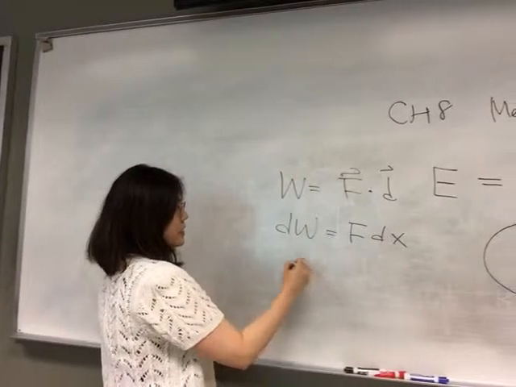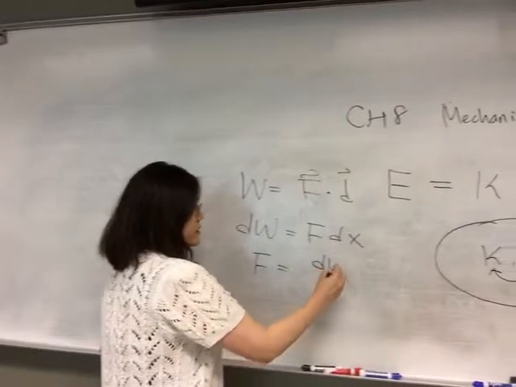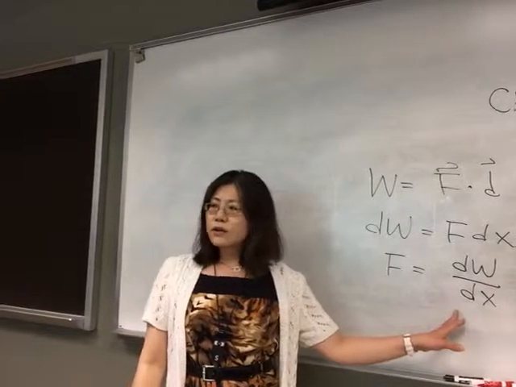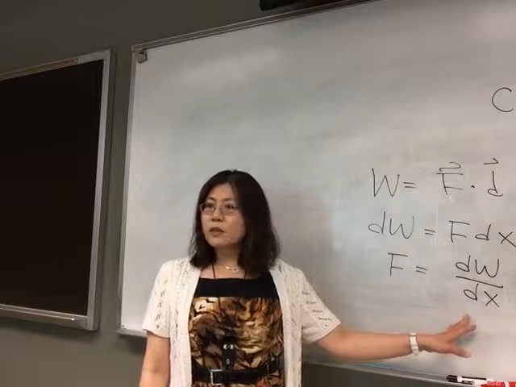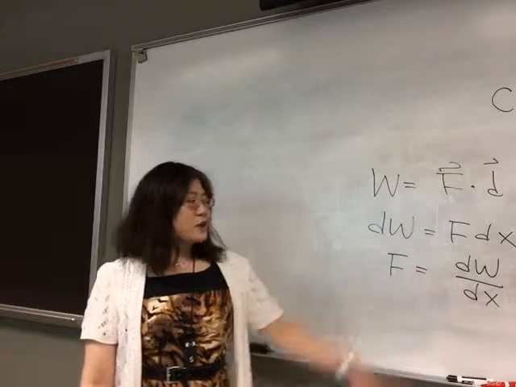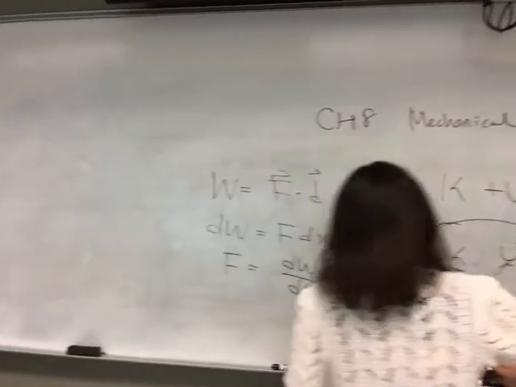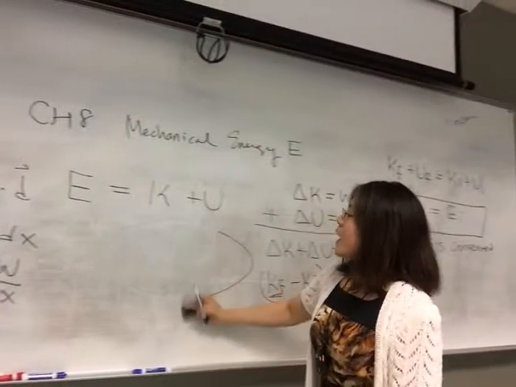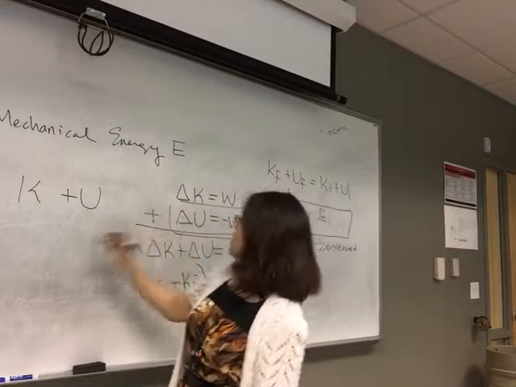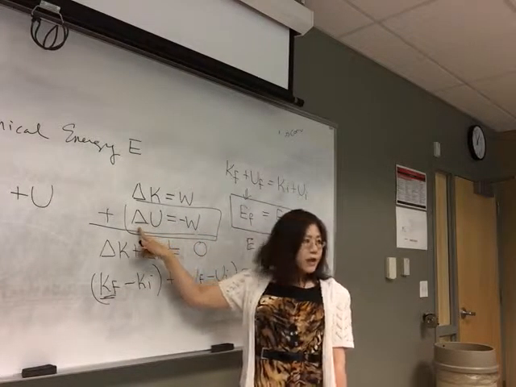And so in that case, how do we find force? If you know work, and then over dx. I don't know if you learned that in calculus. When you have dW/dx, that basically is a gradient. Are you familiar with that term, gradient? Okay, so your F is just dW over dx. What I'm going to get at is that if we replace our work by this, in that case, instead of dW, now it's dU.